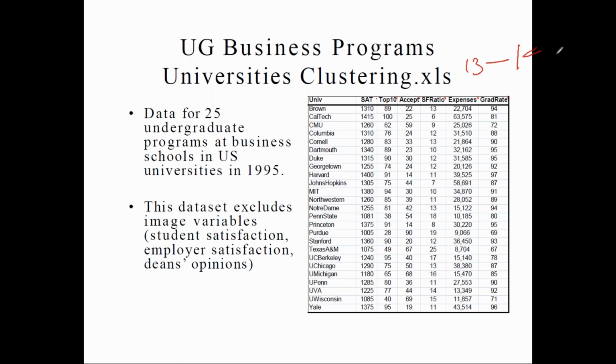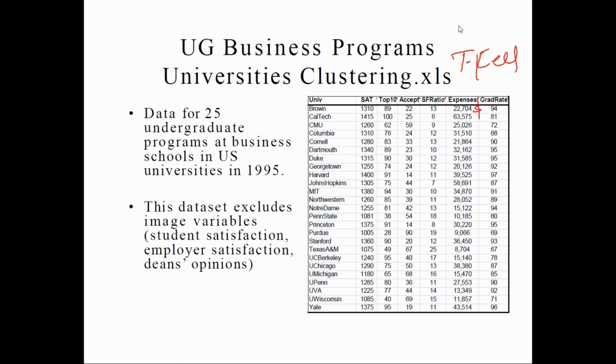Now these are your expenses. Expenses is nothing but your tuition fees or college fees, you can call it. This is not in rupees, this is in dollars. Now this is the graduation rate.